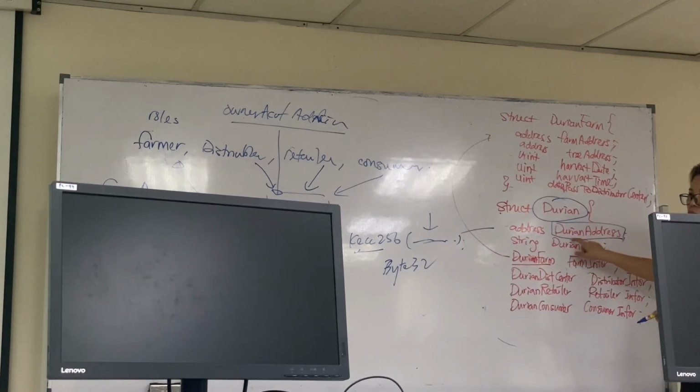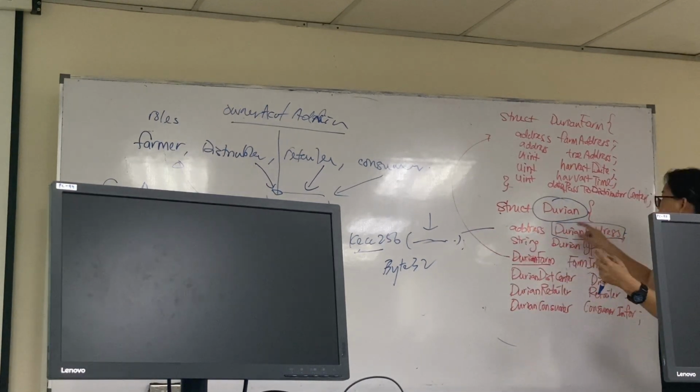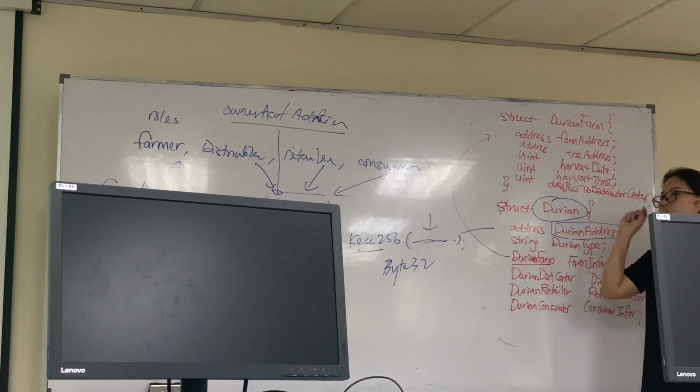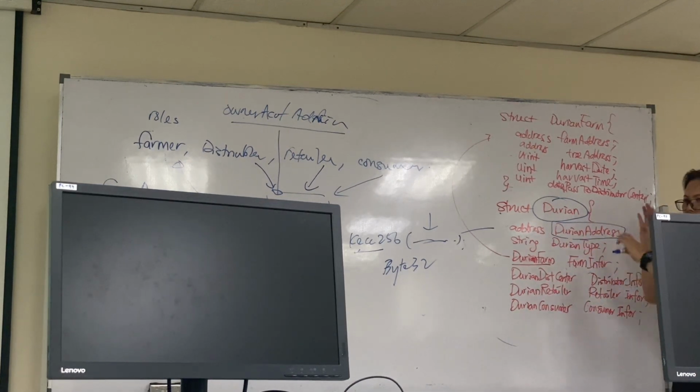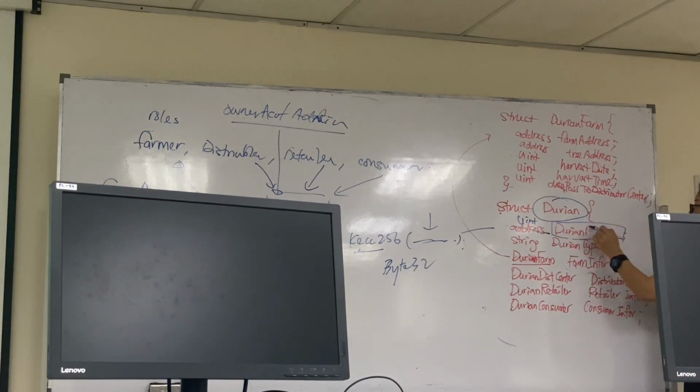Because you cannot use the normal EOA address to become the durian ID, get me now? So you call this function to generate the value, and that value becomes the address of the durian. Or you can make it much simpler. Anisha, I don't want to make it so complicated, can I make it an unsigned integer durian ID or not? Yes, not a problem. The question doesn't mention what data type you must have.